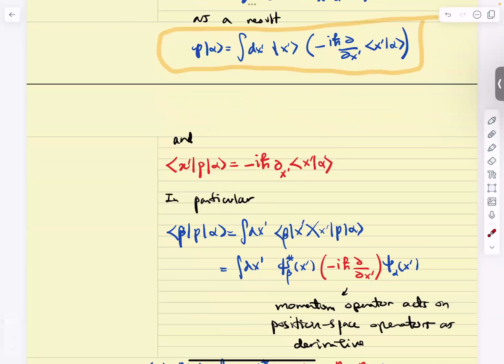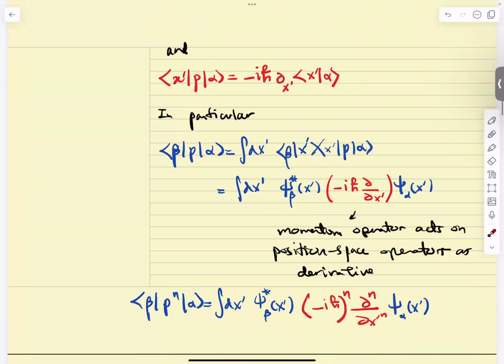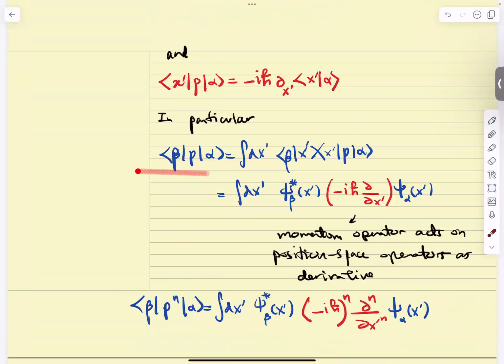Actually, let me go to the next step and then I'll pause. So this means that using this trick, I could write down the matrix element of P in bracket beta alpha. I repeat the same trick by inserting resolution of identity. And once again, I find that this P basically in the position eigenbasis looks like this, minus i h bar del x prime. Right?